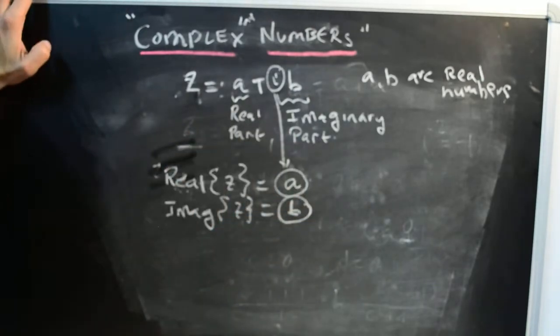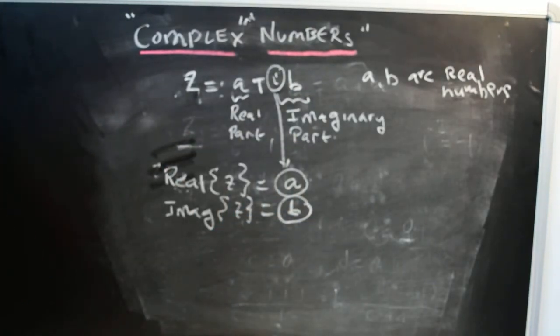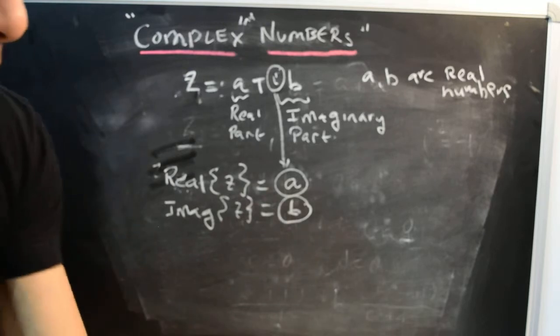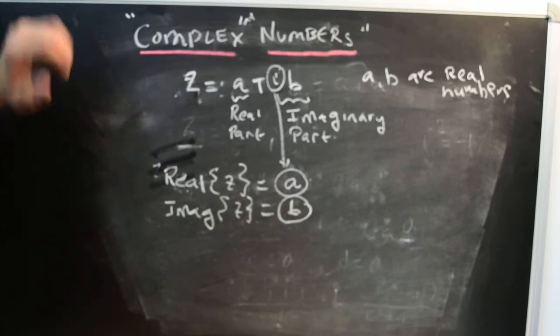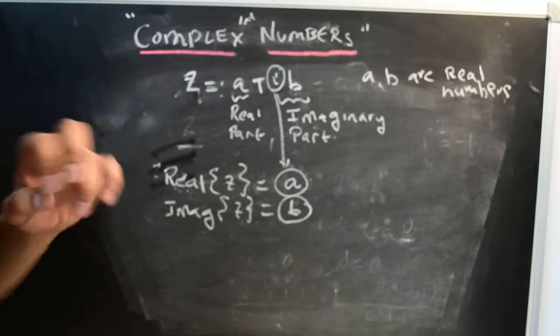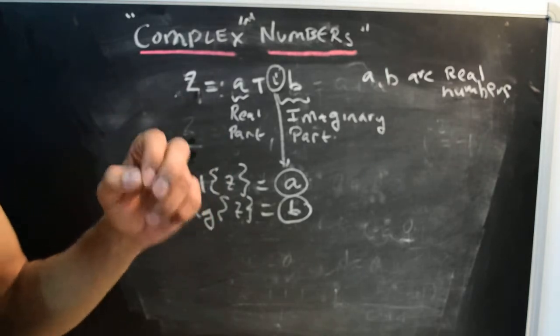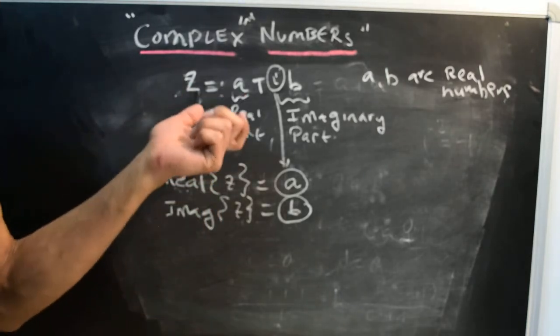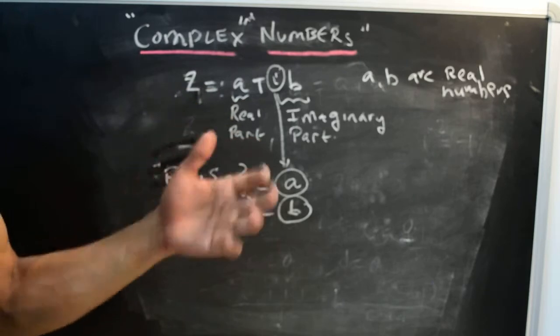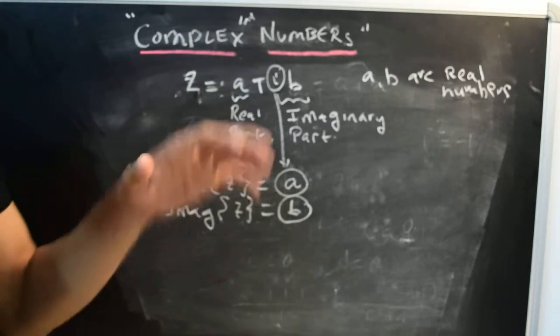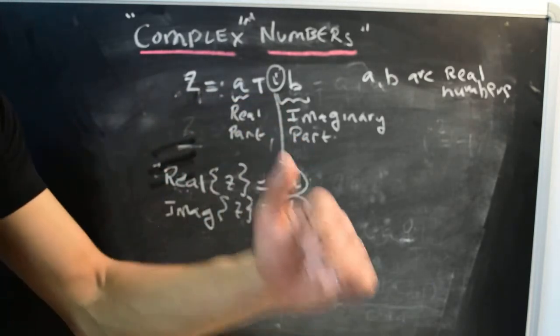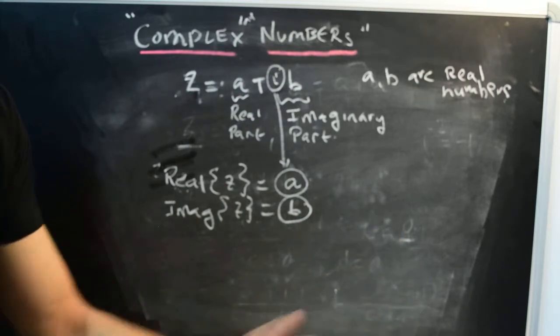Okay. Now, one of the things that we'll do here is that we'll try and make some definitions of how to carry out algebra with these complex numbers, in the sense that we'll now define addition, subtraction, multiplication, and division of complex numbers.